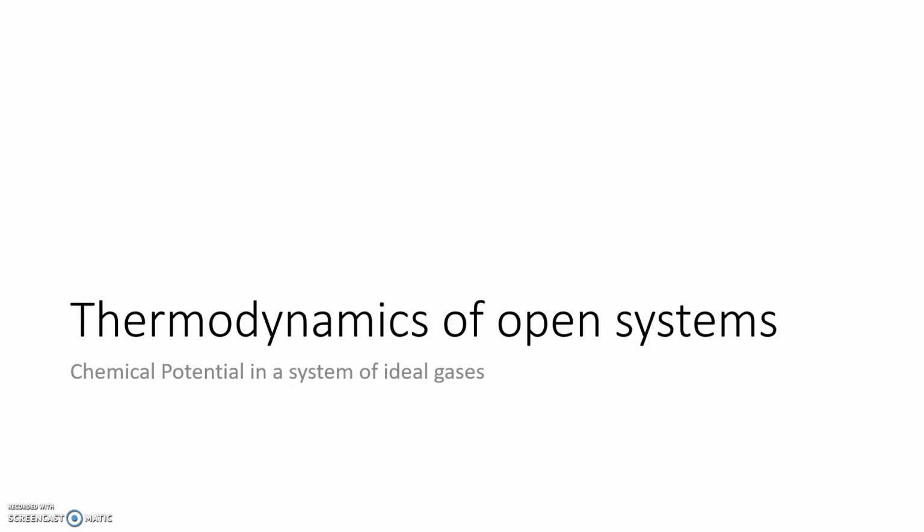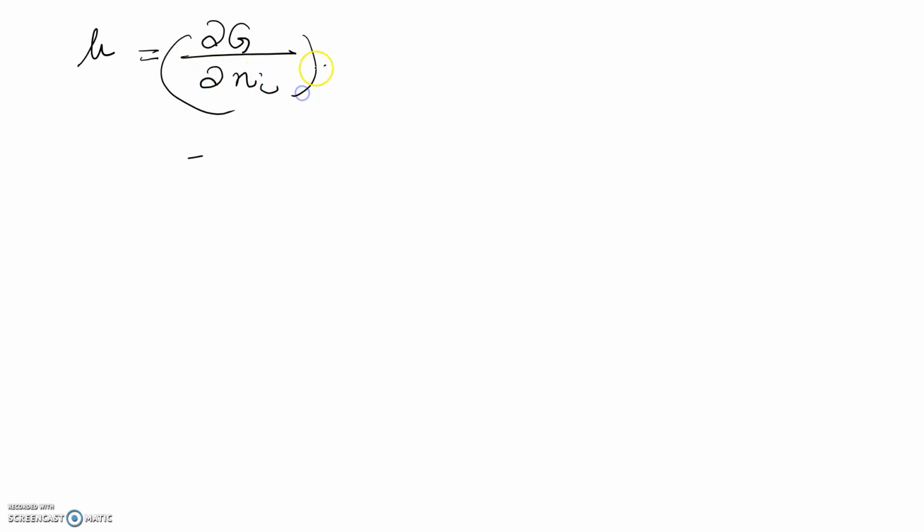The chemical potential mu of a system is defined as mu equals dou G by dou Ni at constant temperature, pressure, and the number of moles of other components of the system.